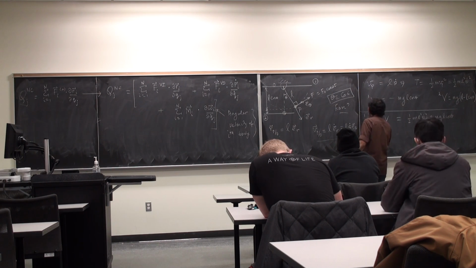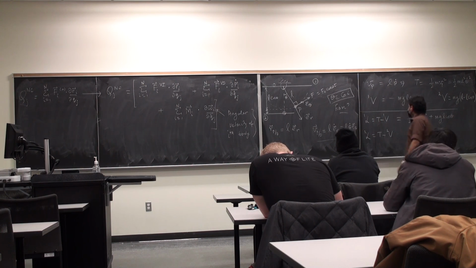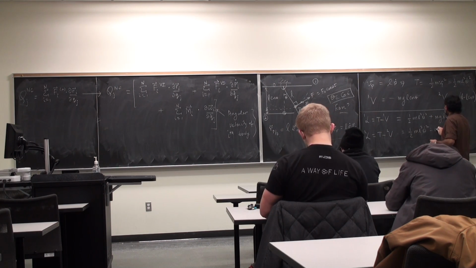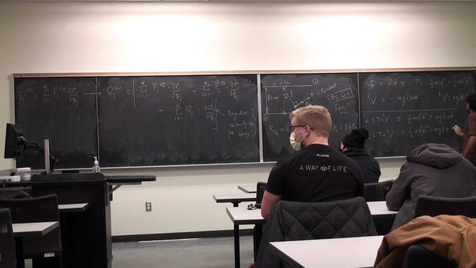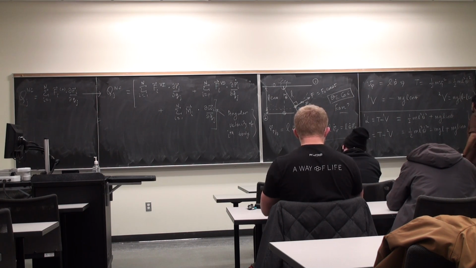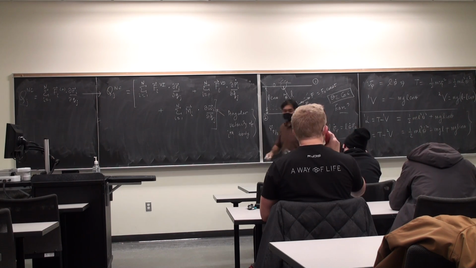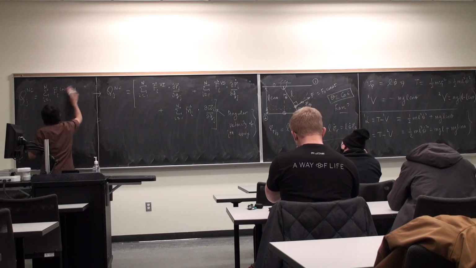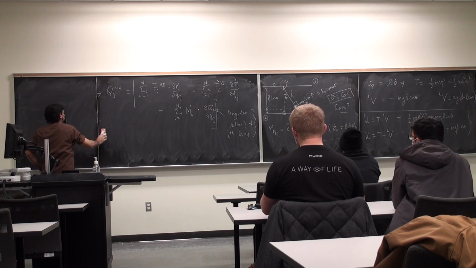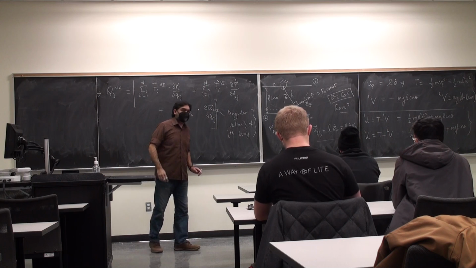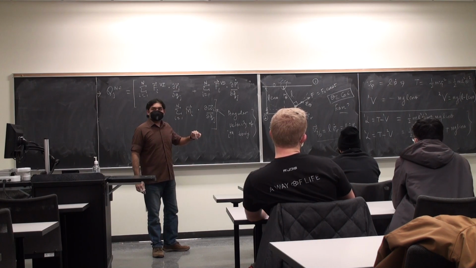Then L2 is T minus V2, which is going to be half m L square theta dot square minus mg times L minus L cosine theta, which I'm going to write as minus mgL plus mgL cosine theta. I want to make sure everybody is on the same page. Any questions so far? Okay.